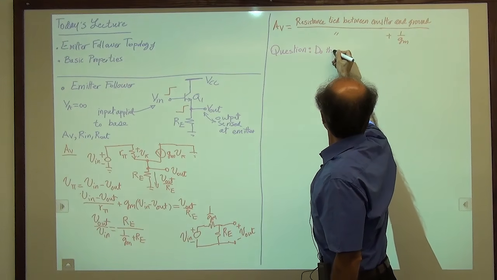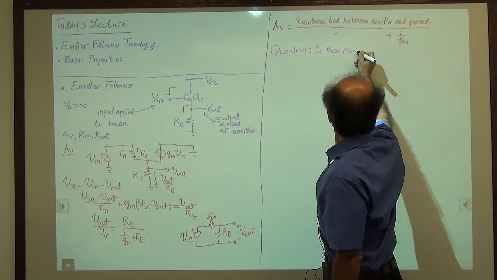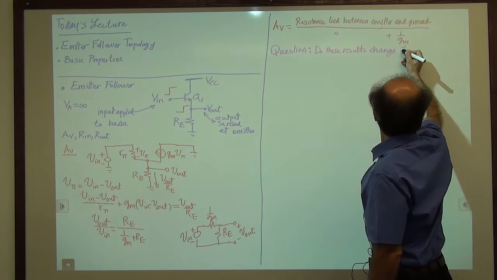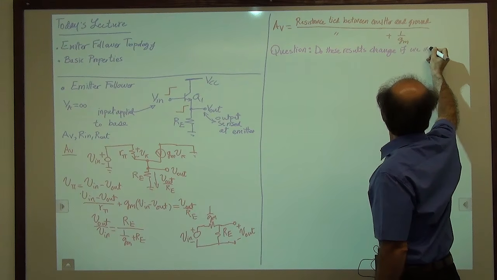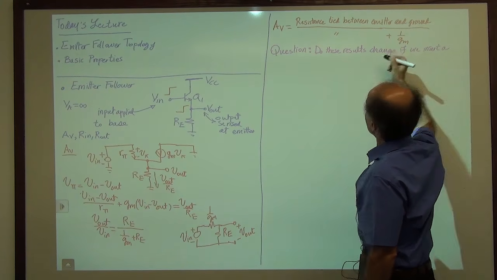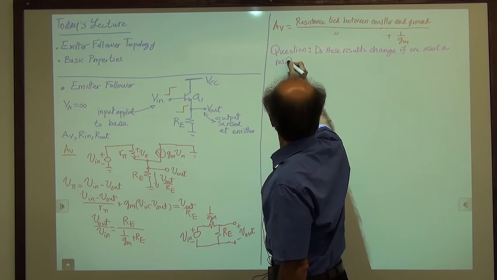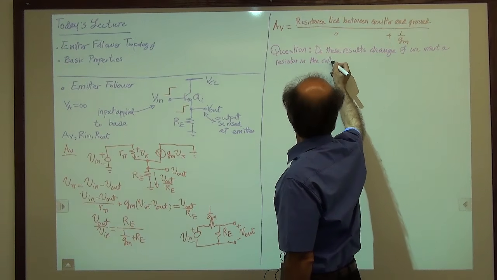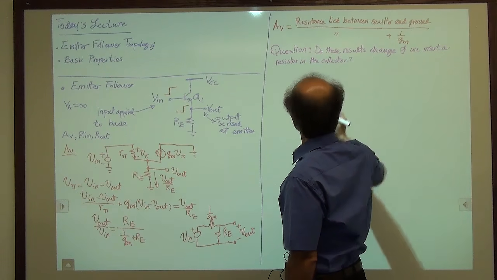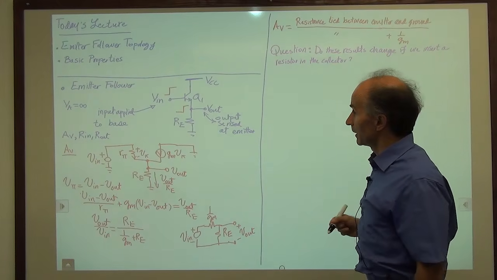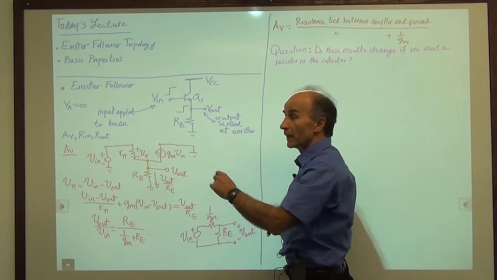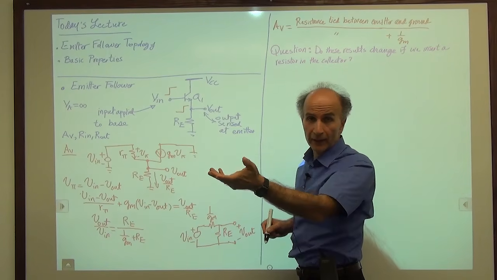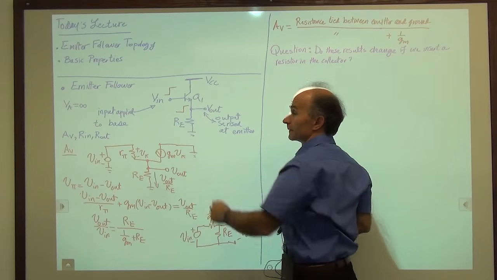Do these results change if we insert a resistor in the collector? And by that I mean take this circuit and insert the resistor here. The output is still down here. But just for the heck of it, I decided to add one more resistor here.